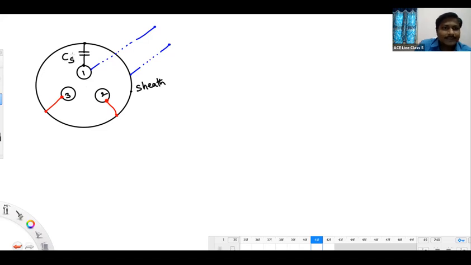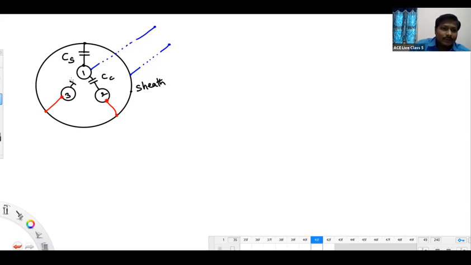That number is CS. 2 to sheath, do you have any capacitance? No, we don't. Because both are joined together and operate at the same potential, there is no potential gap. 3 and sheath, no capacitance either. 1 to 2, yes, we have that, it is CC.